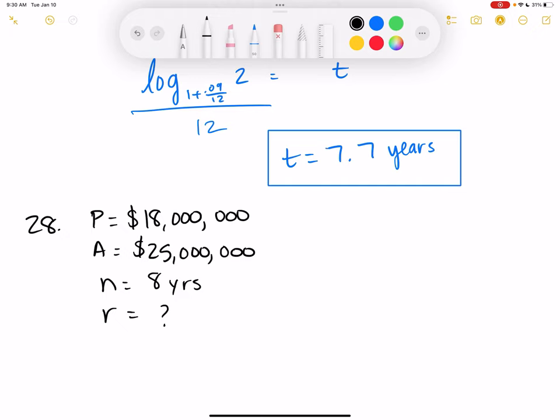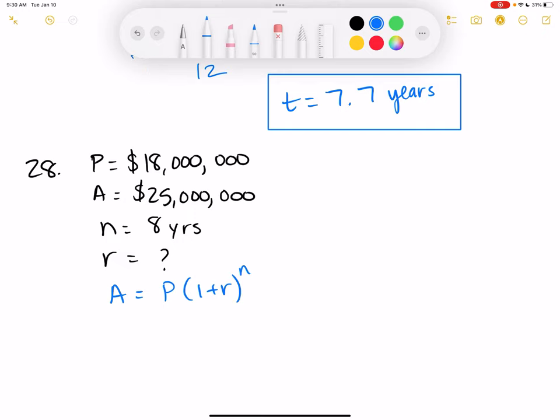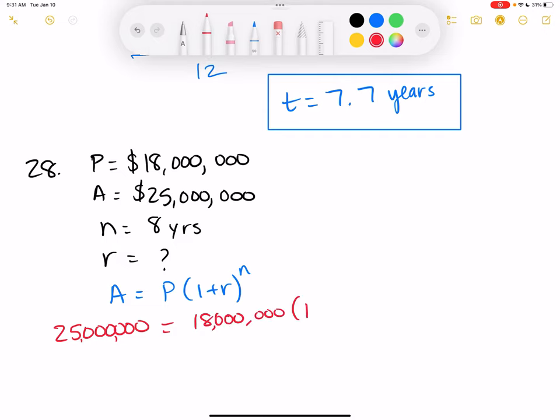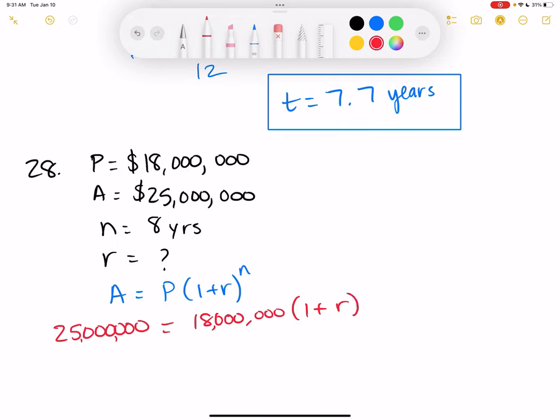So for this one, we need A is equal to P times 1 plus R raised to the N. So then just plug it in. 25 million is equal to 18 million times 1 plus R raised to the 8. How would I solve this?